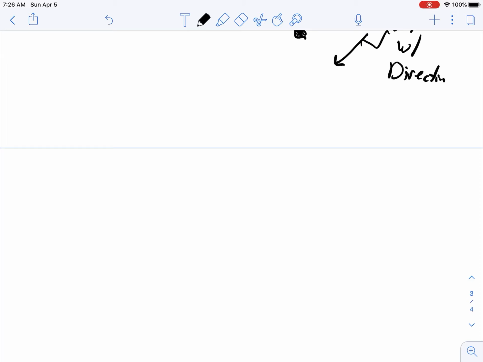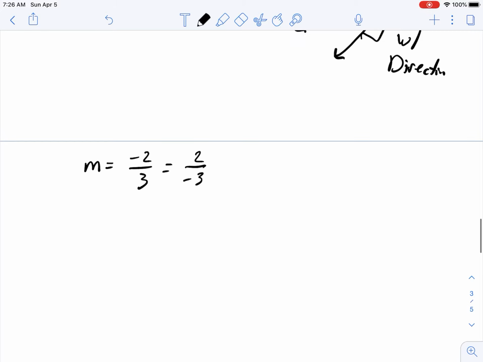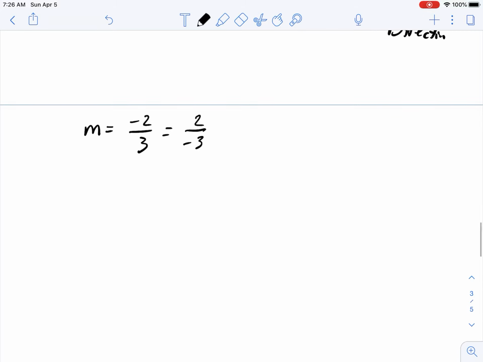So let's say I have a slope of negative 2 over 3. Is that the same thing as 2 over negative 3? For all purposes in Algebra 1, yes. But in Algebra 2, I start throwing out, if that is true, if you have negative 2 over 3, and we write our slope out of fraction form, you have 3 comma negative 2.